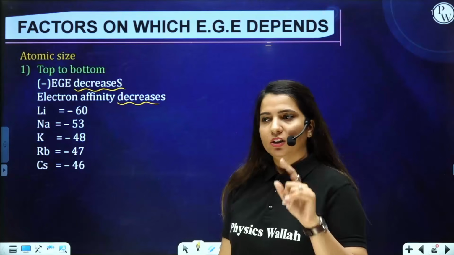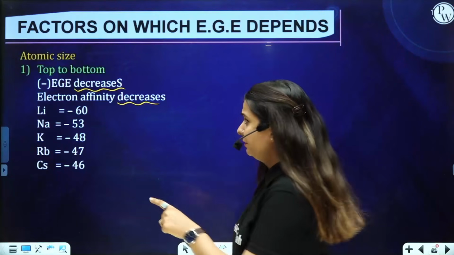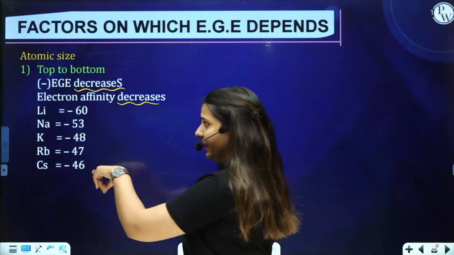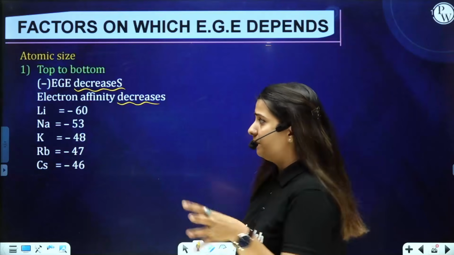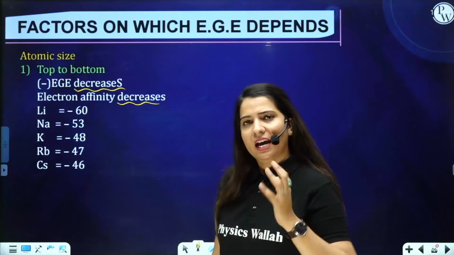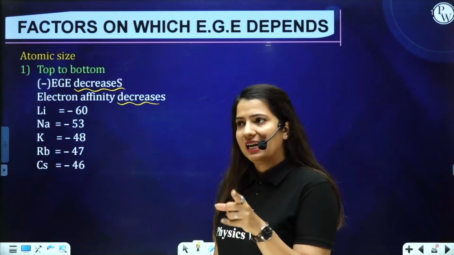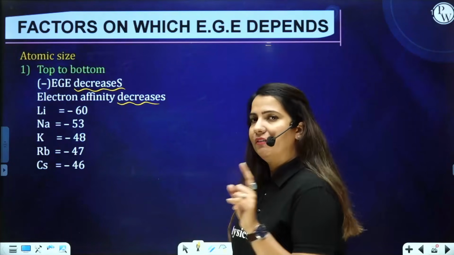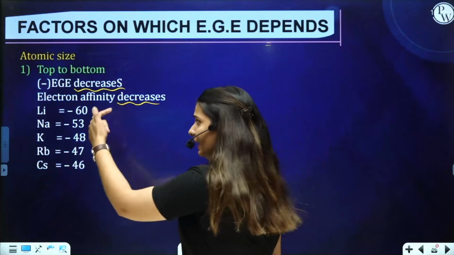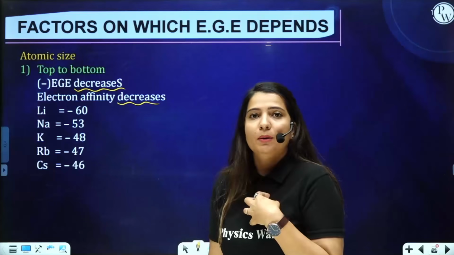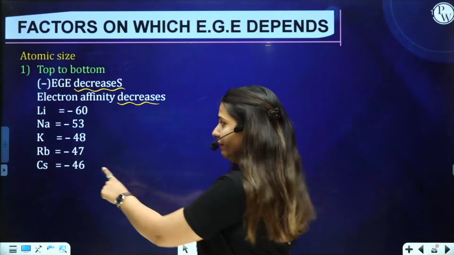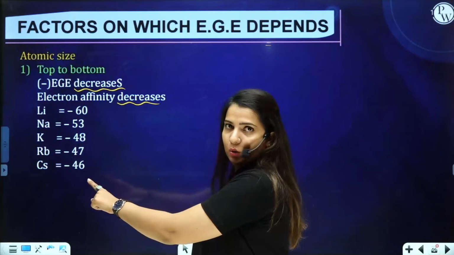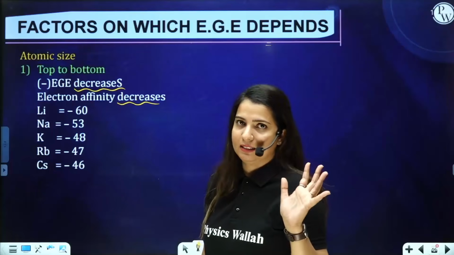Whenever we talk about negative electron gain enthalpy, if you add an electron into lithium, sodium, potassium or cesium, everybody wants an electron. That means they have negative electron gain enthalpy. You can add electrons easily, okay? So they have a negative sign. The greater the magnitude, the greater the power to accept electrons. This one has the lowest magnitude, so it has the least tendency to accept an electron.